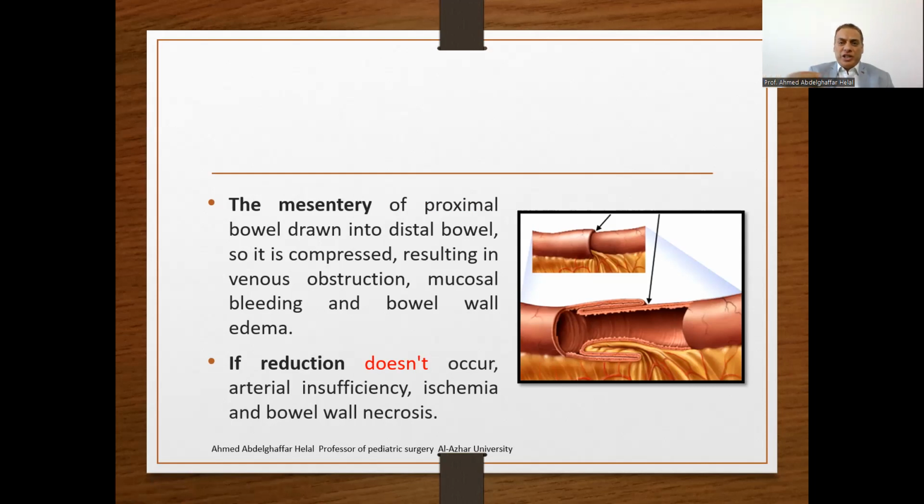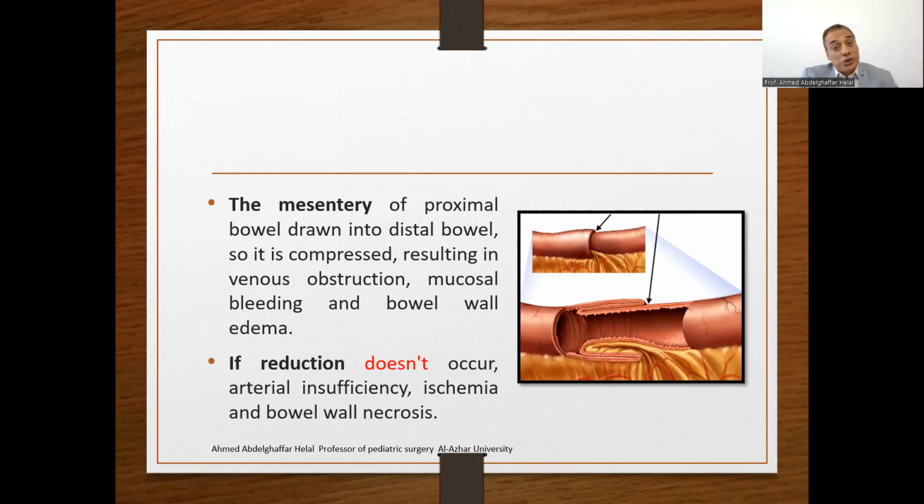So this invagination or telescoping is not only taking the wall, it is also taking the wall with its supplying blood vessels. So if reduction doesn't occur, arterial insufficiency and ischemia and maybe bowel wall necrosis.